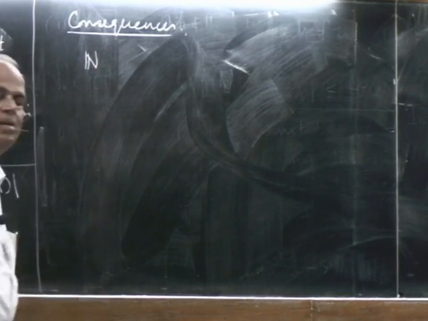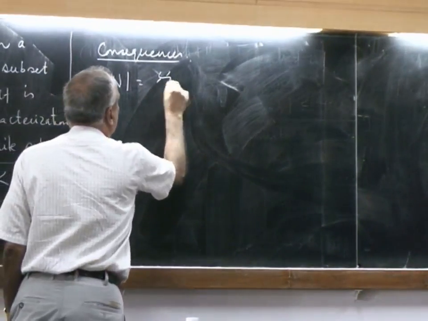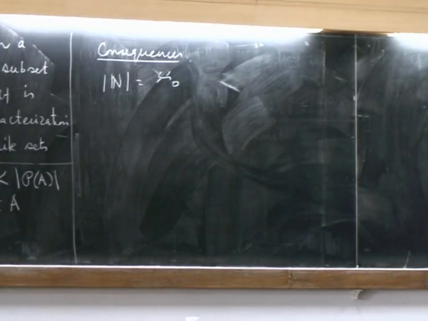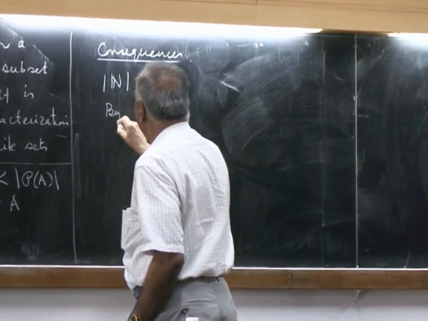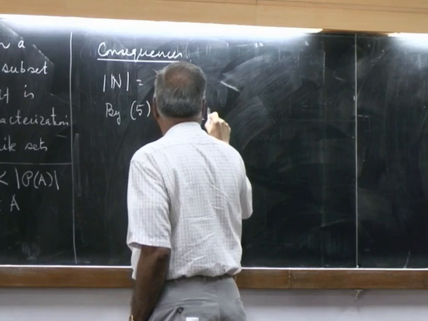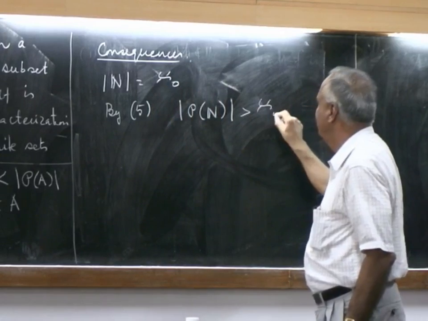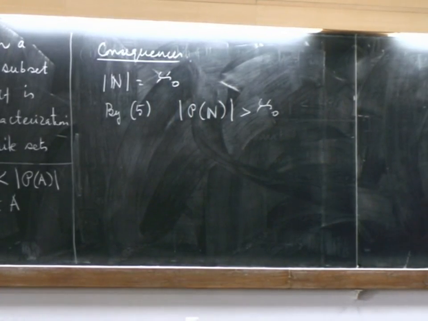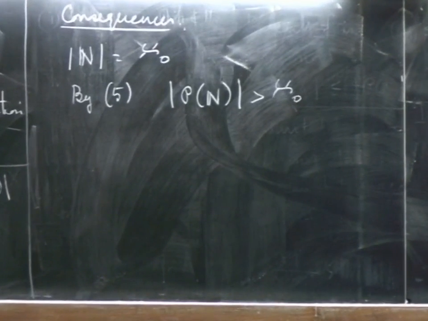We have the set N, its cardinality is aleph naught, which is infinity, but now by the result, the power set of N must be greater than aleph naught, and therefore, it cannot be countably infinite. It is infinite, but it is not countably infinite.